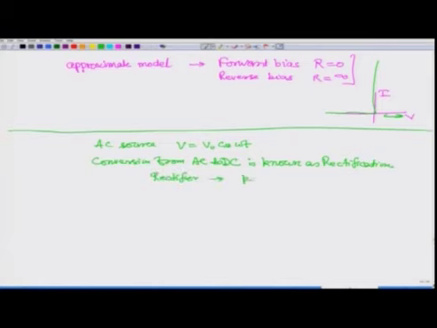And this PN junction diode, we call it diode, can be a good basic unit for rectification. Let us see how.